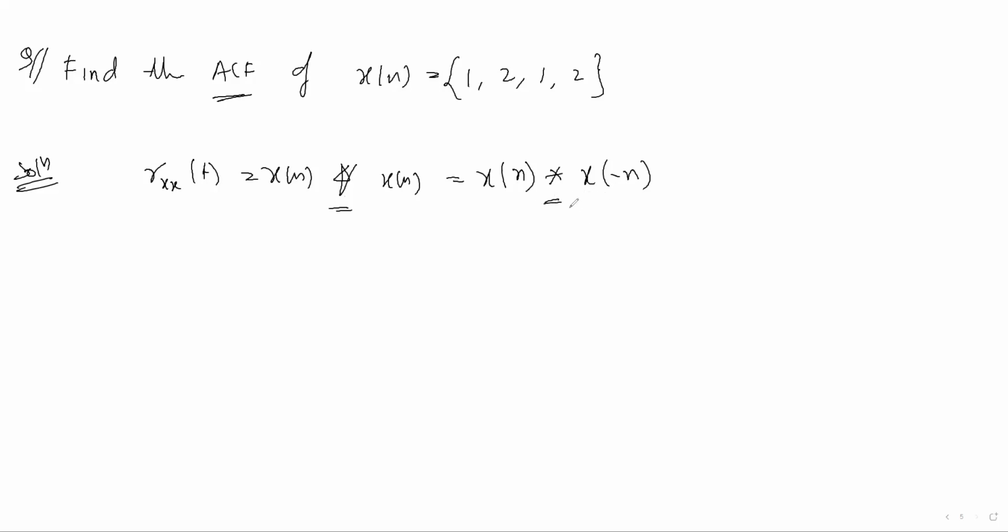Okay, so I think I didn't give such type of signal, and I didn't do any problem on how to find the correlation of the signal. This is very important. So you just give attention to how we can find the correlation between these two signals, if the discrete time signal is given. So here what is given xn? Given xn is 1, 2, 1, 2.